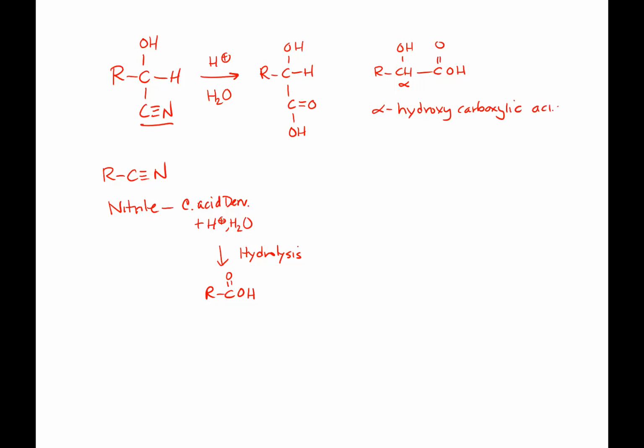So in making the cyanohydrin and then hydrolyzing it, we actually have a pretty good way of making an alpha hydroxy carboxylic acid.